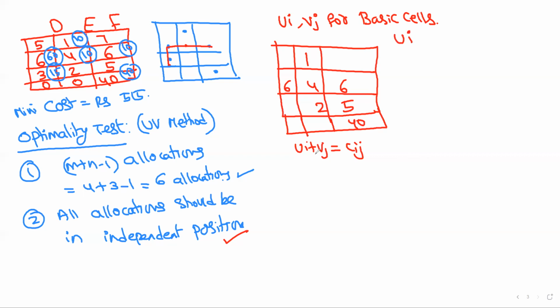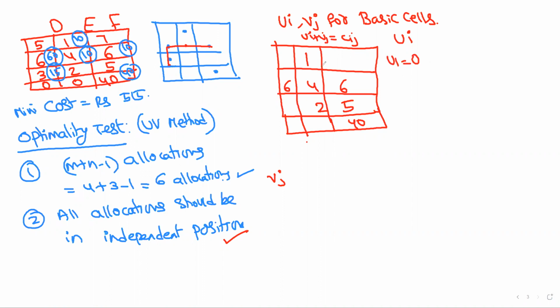How should these ui and vj values be? If we add them, we have to get Cij. ui plus vj is equal to Cij for a basic cell. Here, I'll assume u1 is equal to 0.